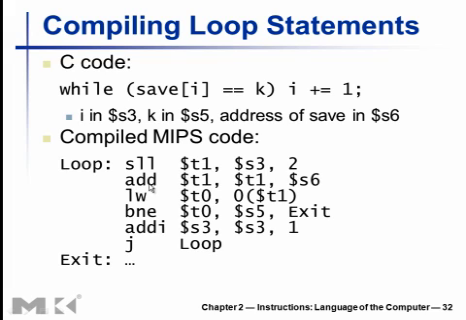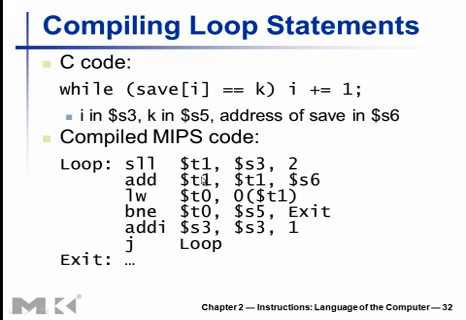After that, you add S6 into T1. Now T1 is the address of the array element, since adding the offset to S6 gives the address of the element you're going to access.